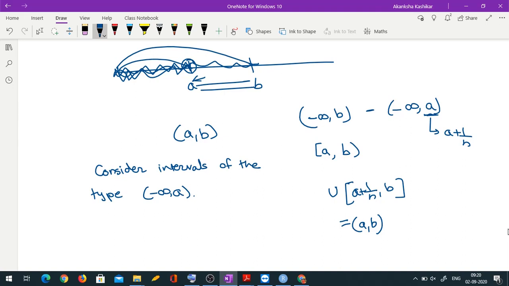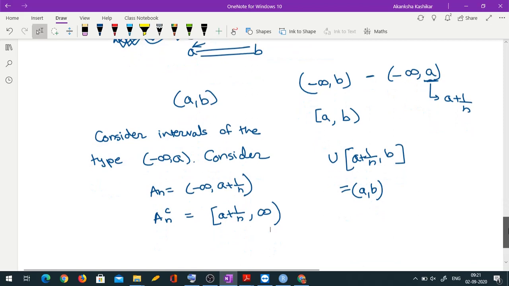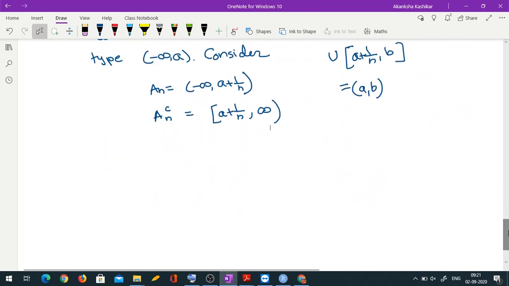So consider A_n as minus infinity to A plus 1 by n. So A_n complement would be closed A plus 1 by n to infinity. Okay, A_n complement would be closed A plus 1 by n to infinity.